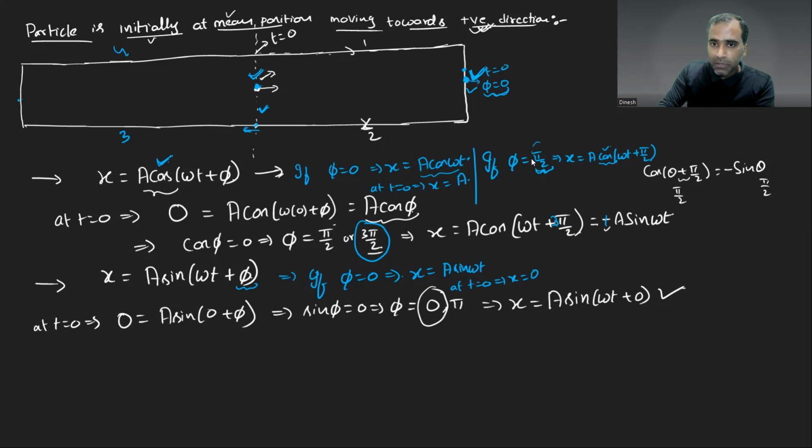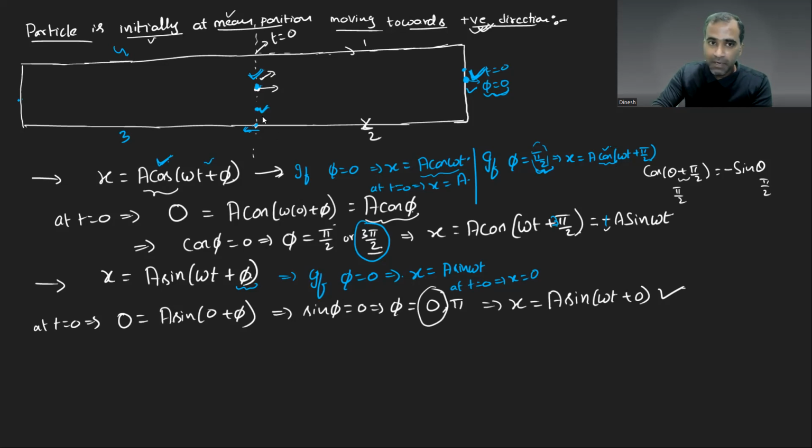If the phase is pi by 2, and you're taking cos, the measurement starts from here. When somebody says phase is pi by 2, you're talking about this position. So when you started observing, the particle is at this place. Don't think that cos means the starting position is always here. The starting position is here only if the phase is also 0. Cos with phase 0, the position is here.